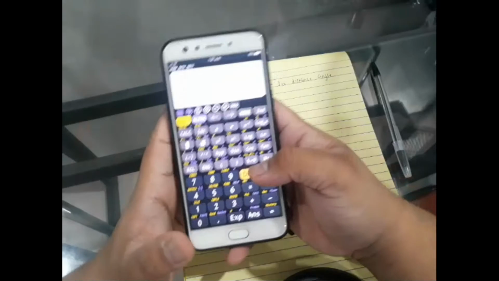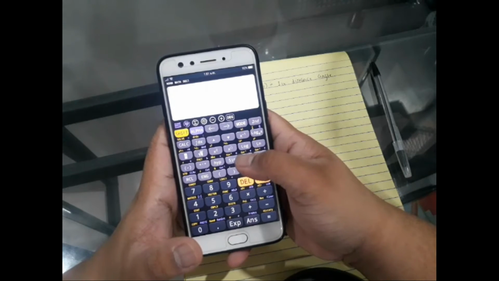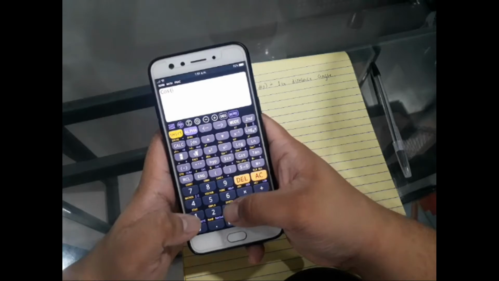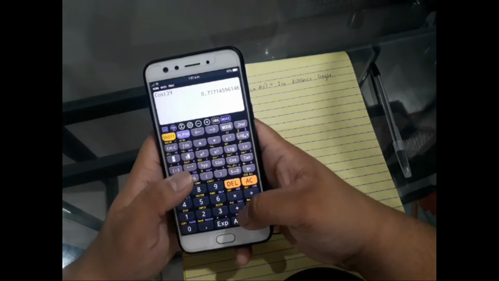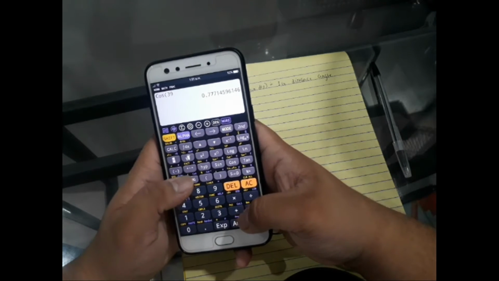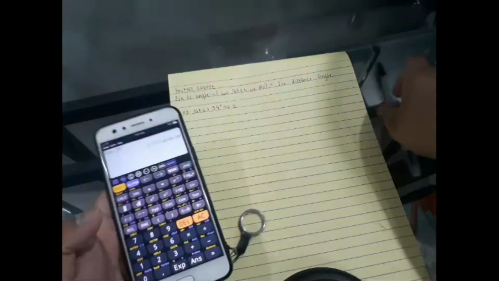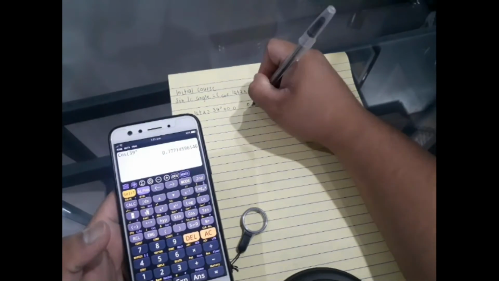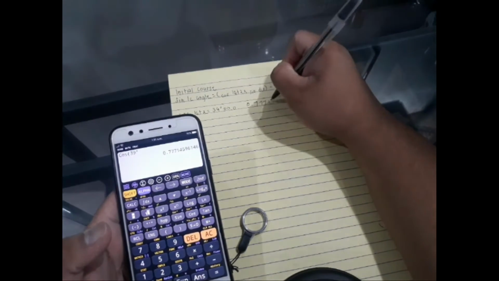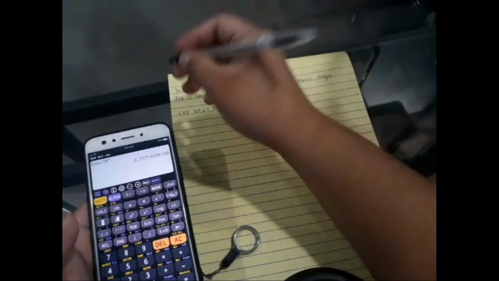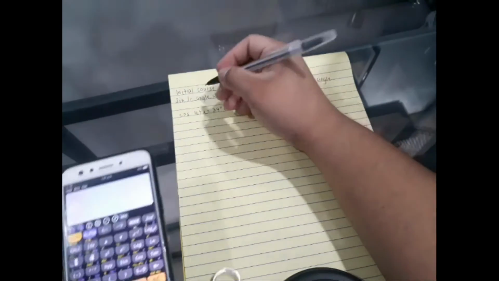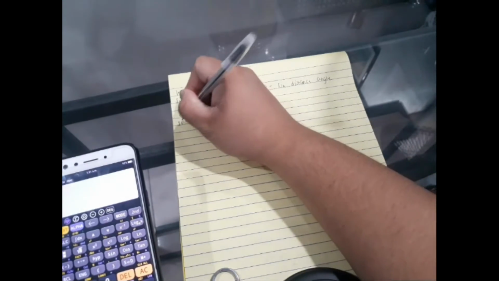Just like how we did before, we press the cos, 39 degrees, is equals to 0.77715. And we're gonna write the sin dlo.